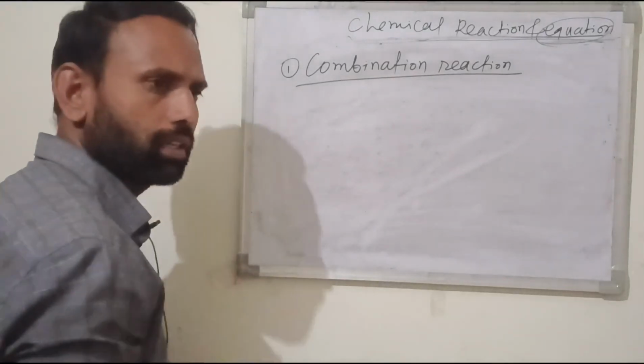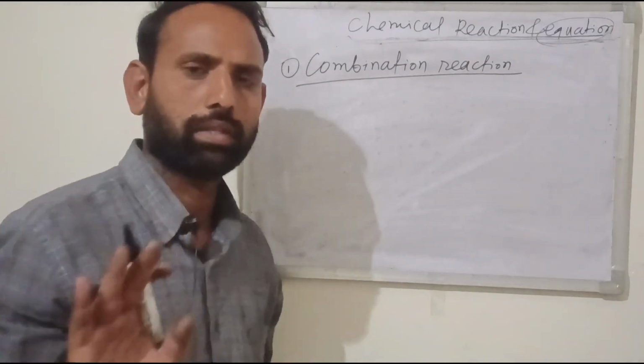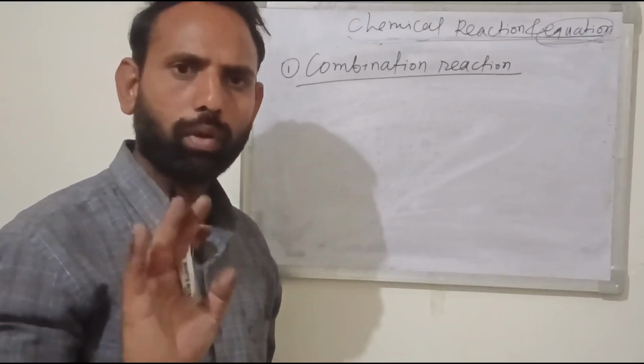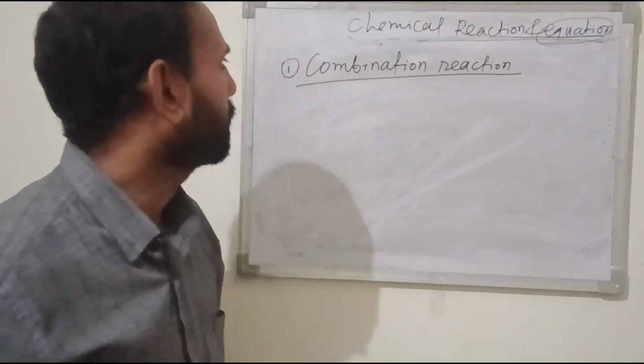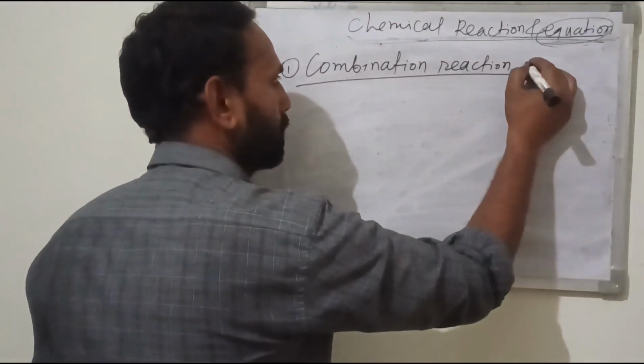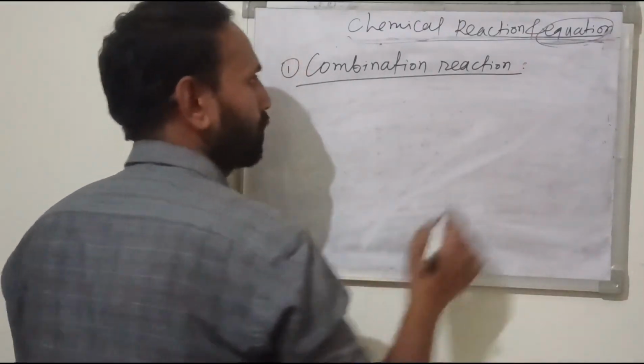What is the combination reactions? When two or more substances combine each other and make the new single substances with the new properties is called the combination reactions. Okay, I am writing this definition. After that I will give the examples.